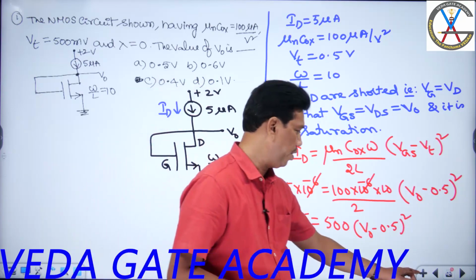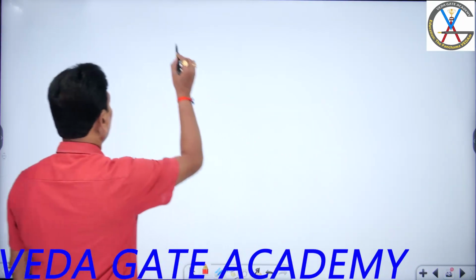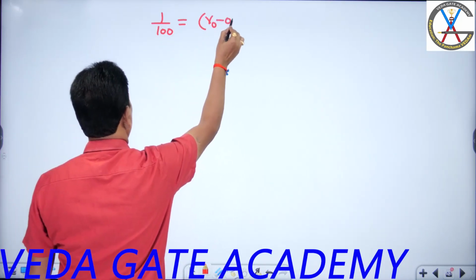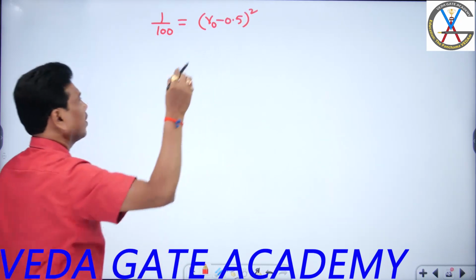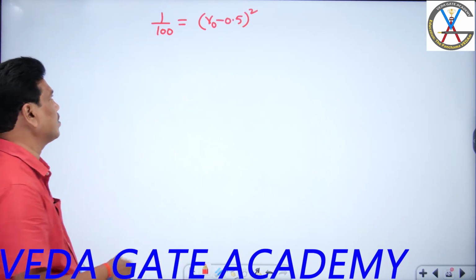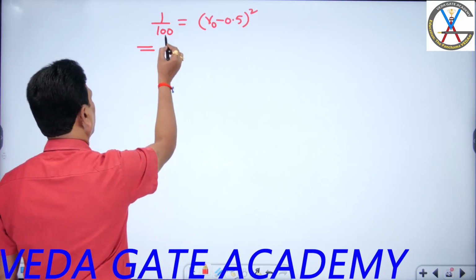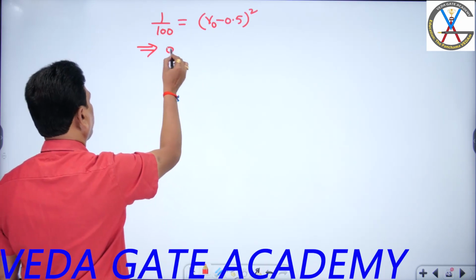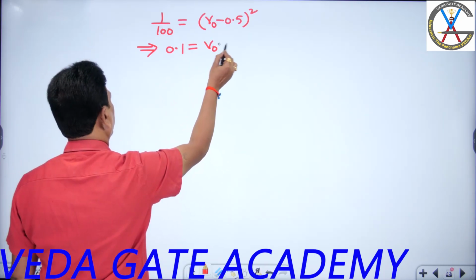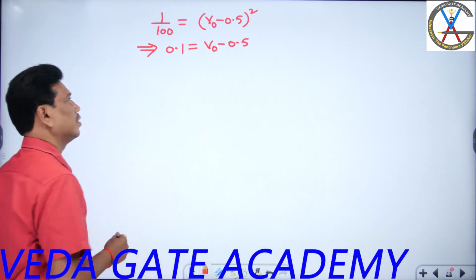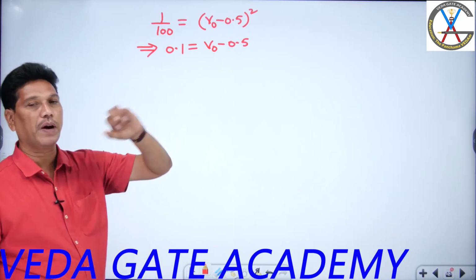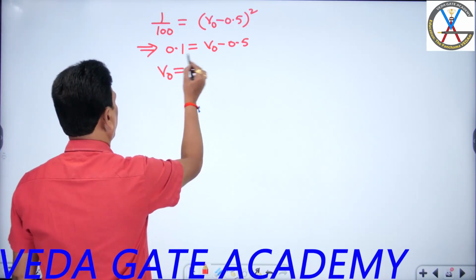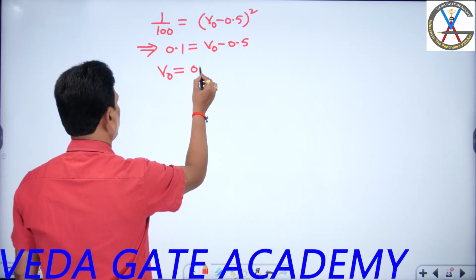So 1 by 100 equals (V0 minus 0.5) whole square. Remove the square by taking the square root: 1 by 100 gives 1 by 10, which is 0.1, students. So 0.1 equals V0 minus 0.5. Then V0 equals 0.5 plus 0.1, that is 0.6 volt.